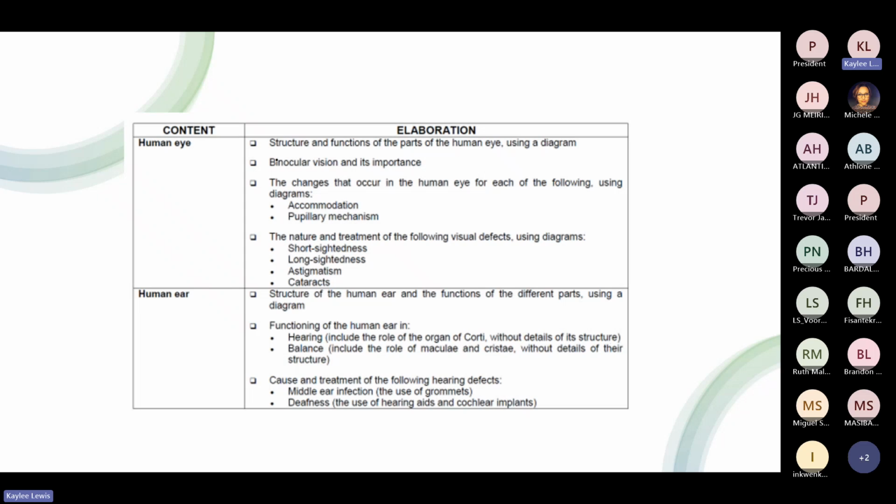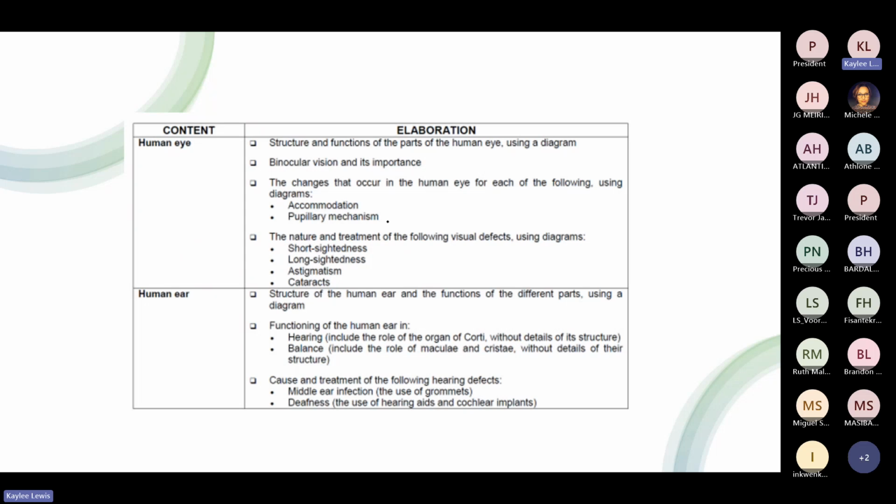So for the eye, we're going to look at the structure and the functions of the eye using a diagram. So that's very important. Then you need to know what binocular vision is and its importance. You need to know the processes of accommodation and pupillary mechanism. And then they tend to focus now on visual defects. And there's 4 that you will need to know.